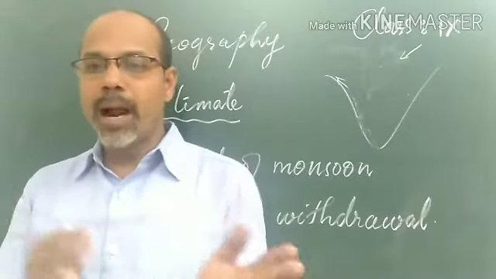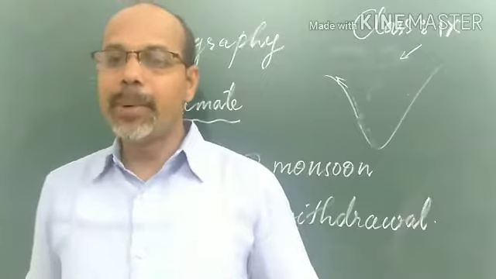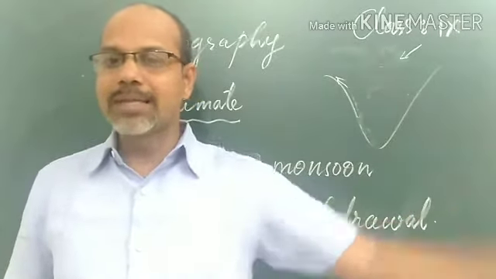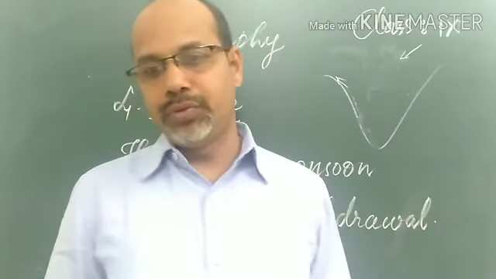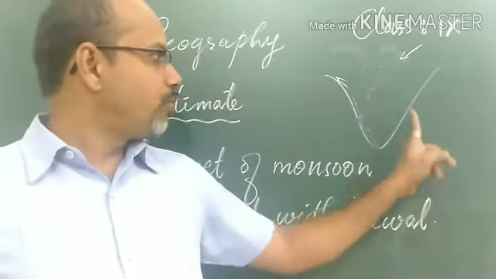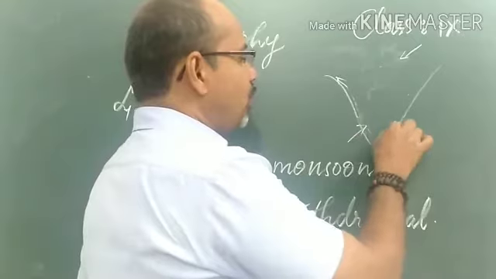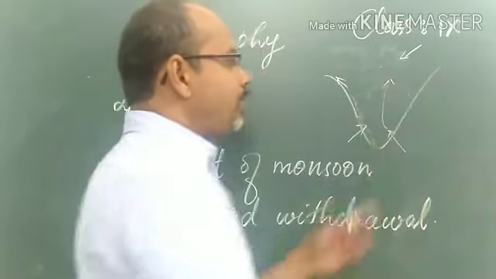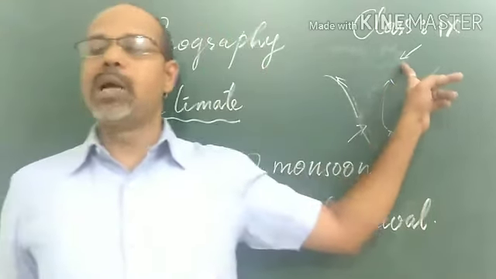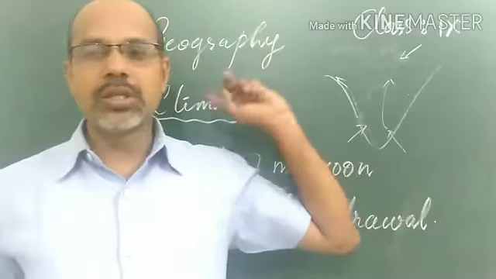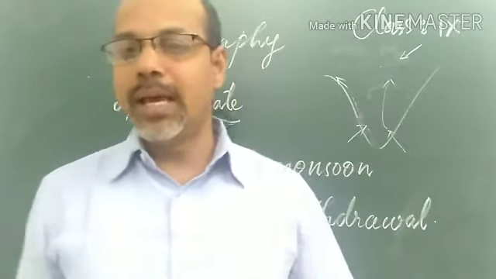The Bay of Bengal branch also advances rapidly and arrives in the Assam region in the first week of June. The Arabian Sea branch of the monsoon reaches the Assam region at about the same time.